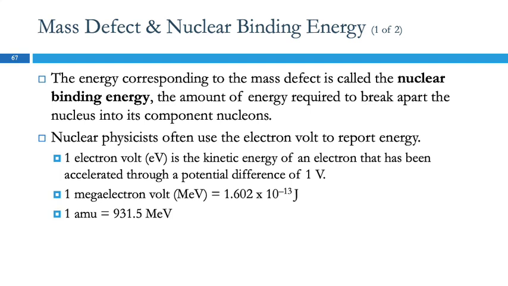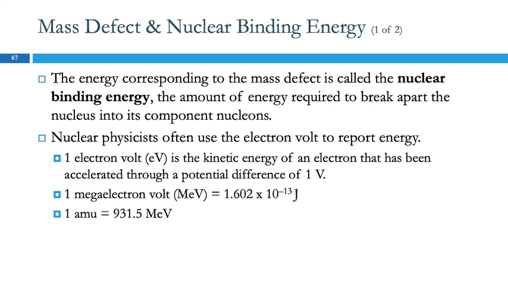That's the amount of energy that would be needed to break apart the nucleus into its individual components. So take a helium nuclide and break it into 2 protons and 2 neutrons.